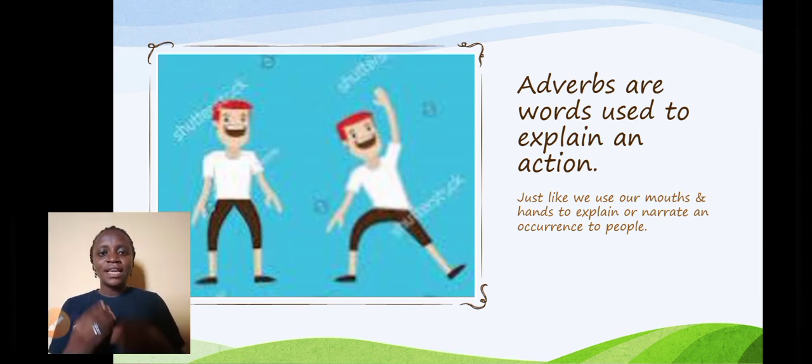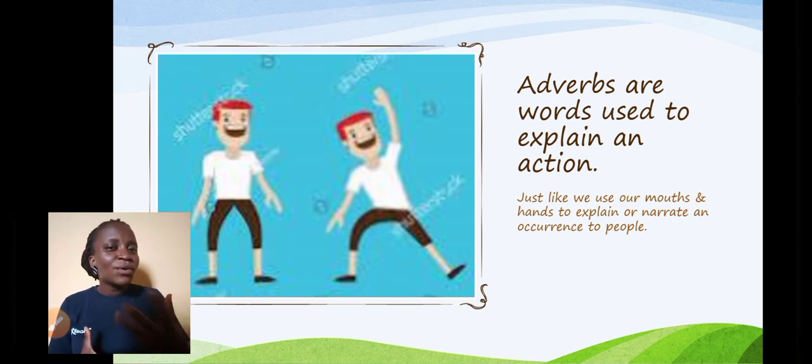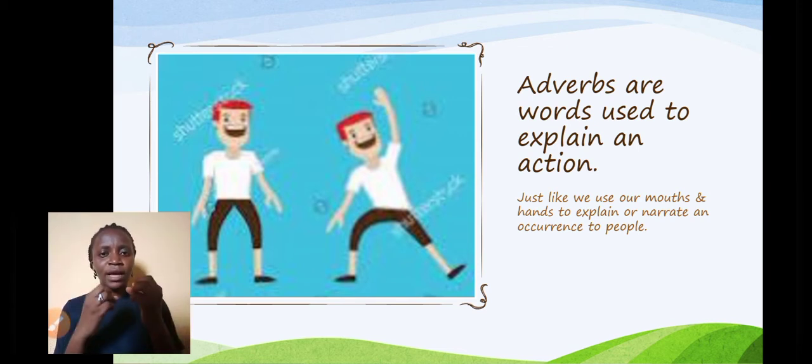Just like you can see me using my hands, my mouth to explain what I want you to learn, the instructions I'm giving you, just like I am explaining it. I'm not just looking at you and showing you the slides. I'm explaining, I am demonstrating with my hands, with my mouth.